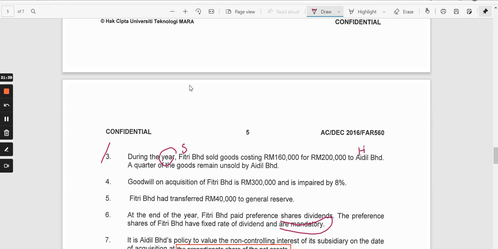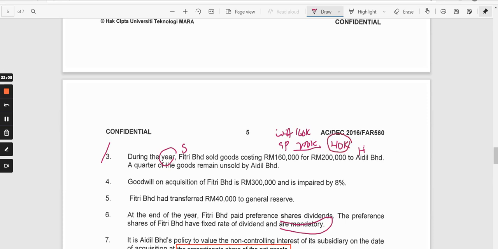The goods at cost were 160,000, and that was sold off for 200. Therefore, the selling price is 200. So that is going to give you a profit of 40.